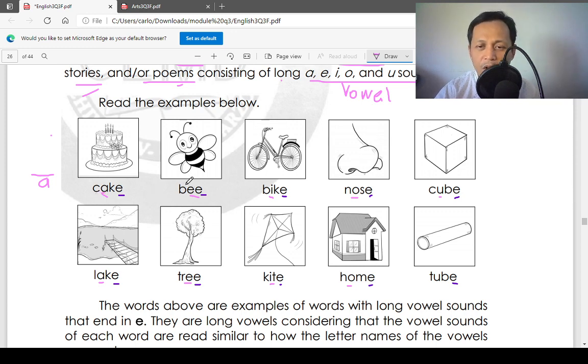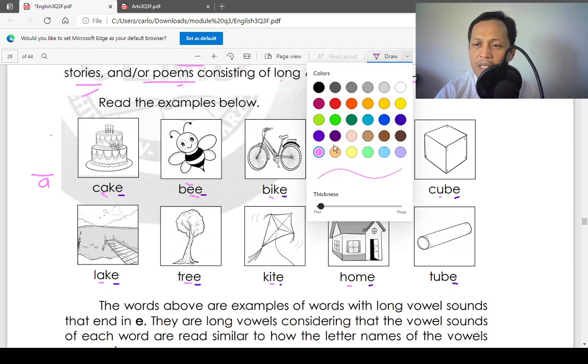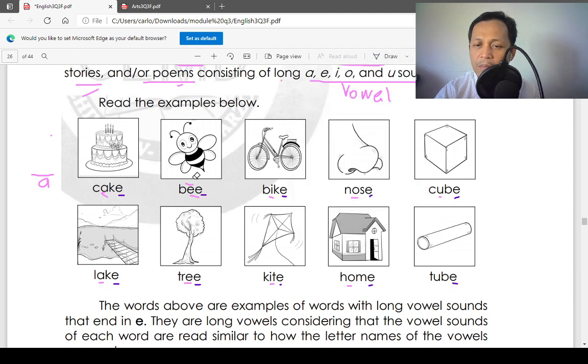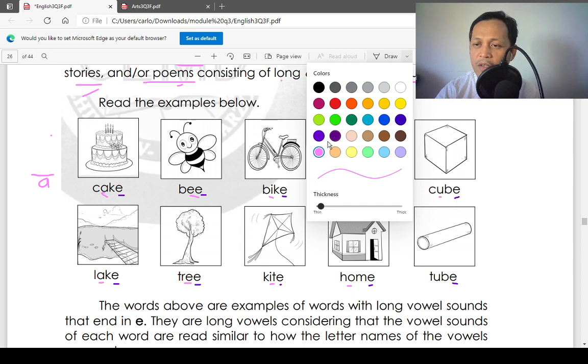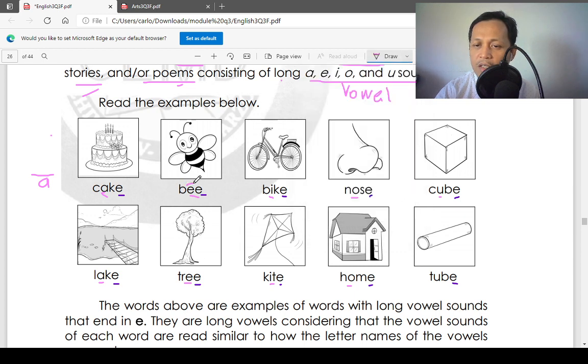Also, the letter E, the vowel E, is pronounced long. So we have B. It's pronounced longer than the usual, than the short vowel sound.